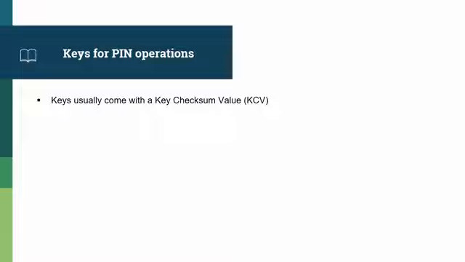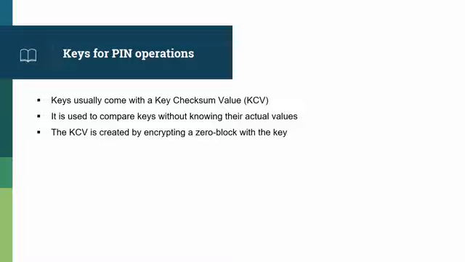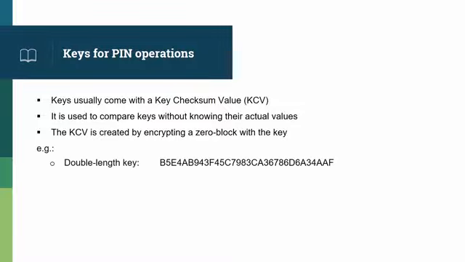An important concept to introduce when it comes to keys is the key checksum value, or KCV. KCVs are used to compare keys without knowing their actual values, and they are created by encrypting a zero block with the key. Let's go back to our example of a double-length triple DES key. This is a zero block for triple DES. It's made of 8 bytes.